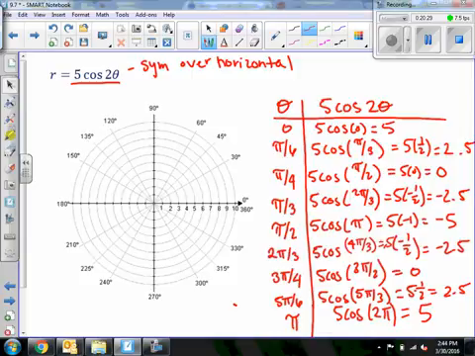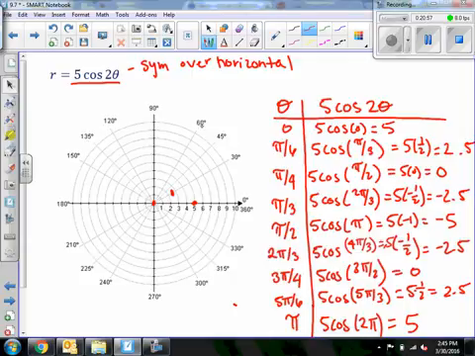So plotting these, we have 5, 0, 2.5 at pi sixths, 0 at pi thirds, negative 2.5, 0 at pi fourths, negative 2.5 at pi thirds.